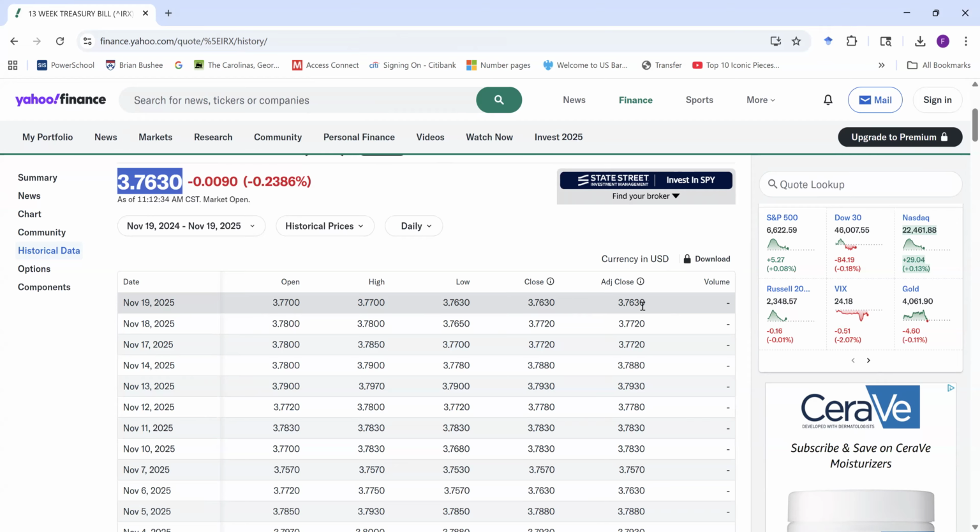You add 1 to it, so you have 1 plus RF, 1 plus the annual rate. You raise it to the power 1 divided by 12 minus 1. This would give you the monthly risk-free rate. So be careful that this is what you should be doing regarding the risk-free rate.